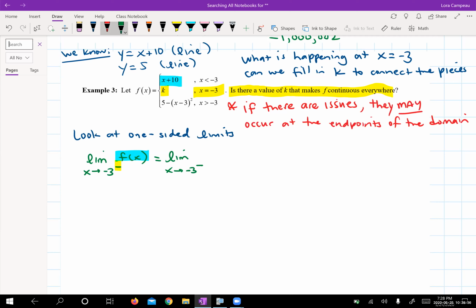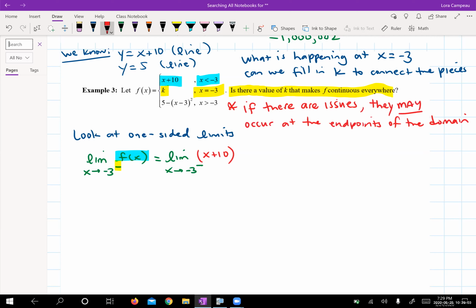And I'll write this in red just to make it stand out, just so that we can see that we are choosing that piece because we are looking at values of x that are to the left of -3, and that's what the domain is telling us. And I'll erase the highlight just to make things a little bit more readable.